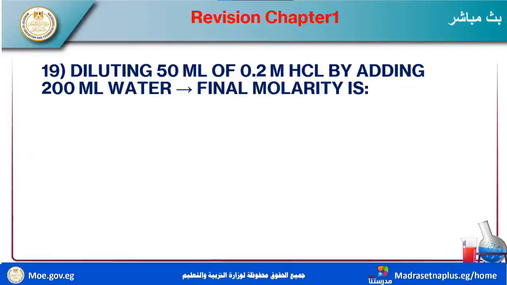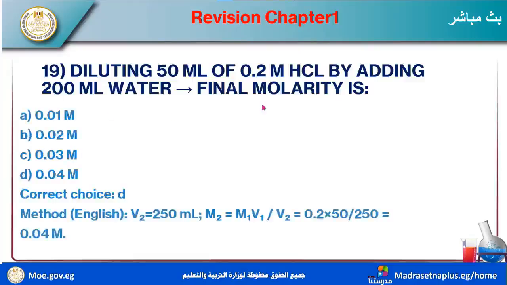Adding 200 mL, so the new volume equals 250 mL. 50 times 0.2 equals 250 times the unknown molarity. Now it's easy to find the unknown molarity. The value equals 0.04 molar. So the answer is D.